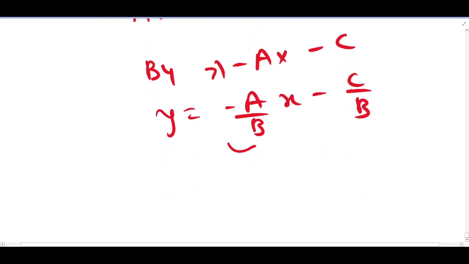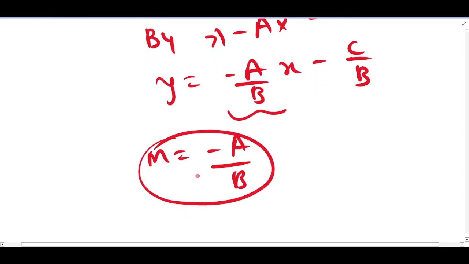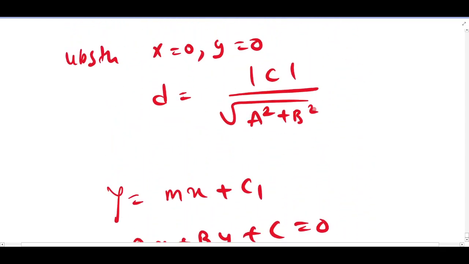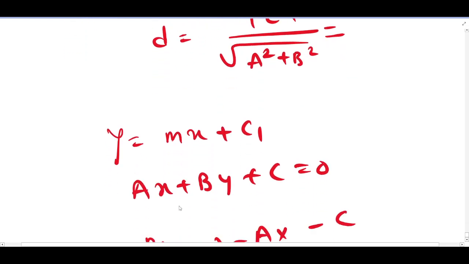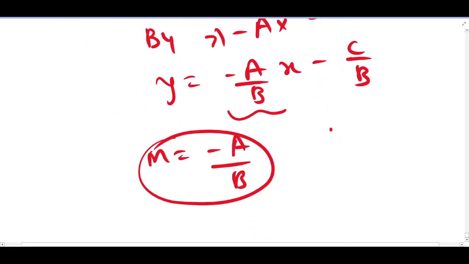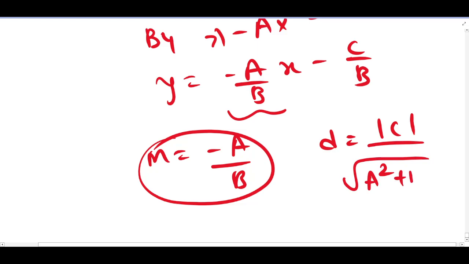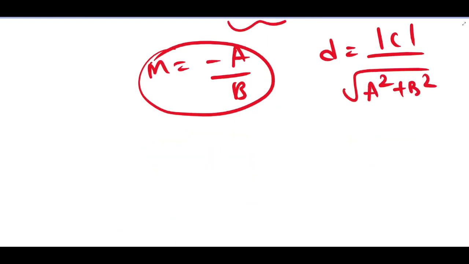So from this, slope m is equal to minus a by b. So the distance is c divided by root of a square plus b square.